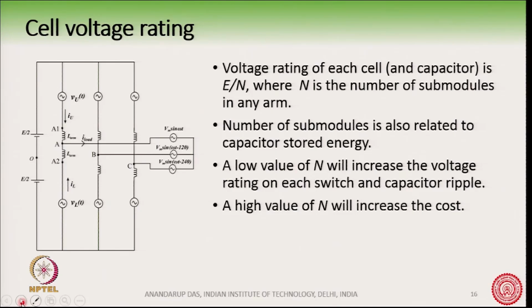Then for example, we can have the DC bus as say plus minus 200 kilovolt. That means this capital E will be equal to 400 kilovolt. In that condition, what is the value of N that we should choose?